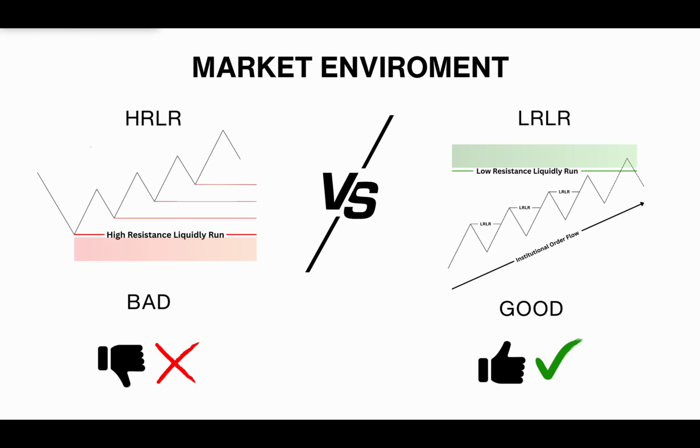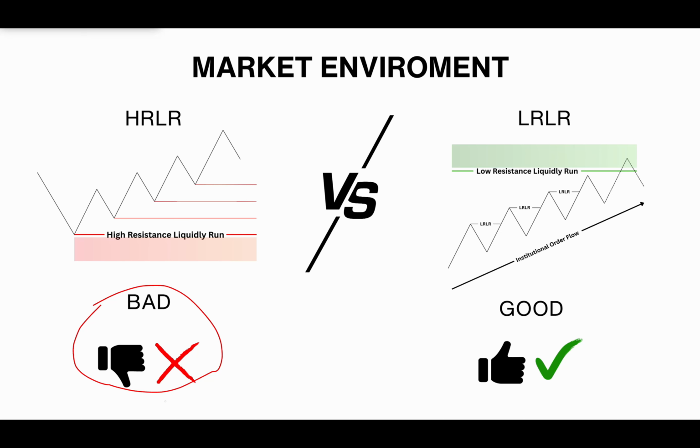For those who are ICT traders or SMC traders, these are conditions where price struggles to get from one point to the next. And these are not good conditions to trade in. As you can see, we have it marked here. These are bad conditions to trade in. I bet you my whole bank account that your worst trade setups were taken in a high resistance liquidity condition.